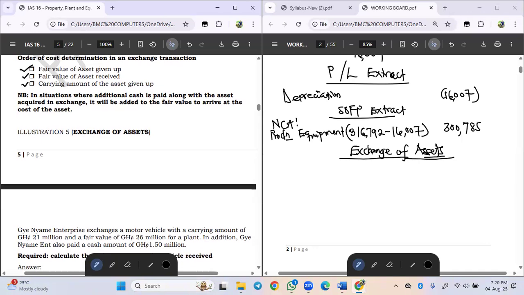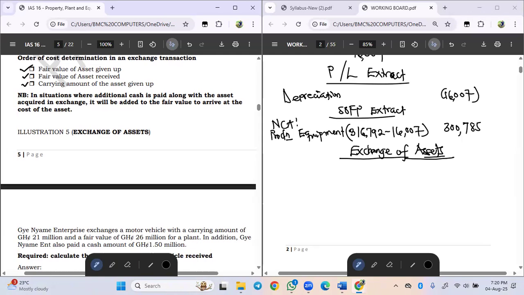And in situations where you pay cash as additional consideration, let's say you are swapping phones, you give up your phone, then you add an amount to that phone to acquire another phone or another asset.